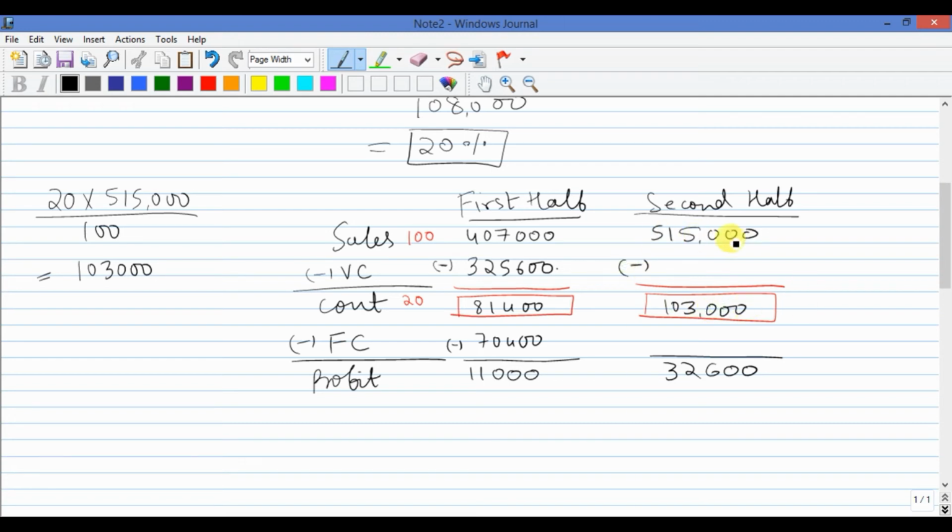From 5,15,000 I'm going to subtract 1,03,000, and this is going to give me variable cost: 4,12,000. 1,03,000 minus 32,600 will give me fixed cost, which is 7,400.